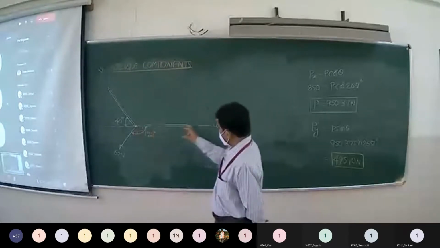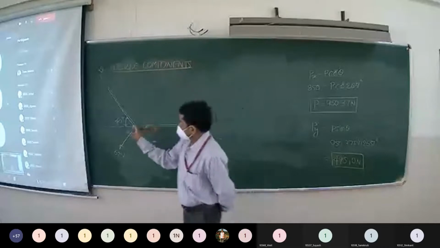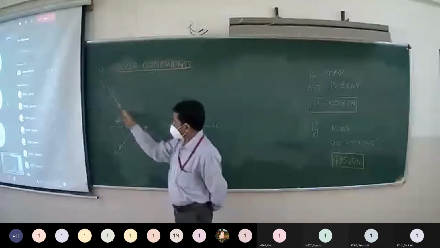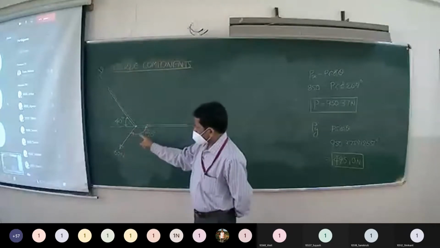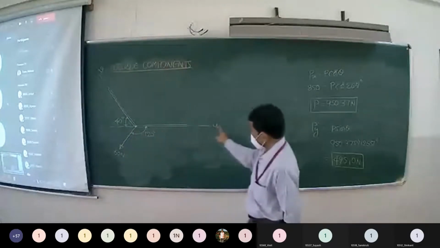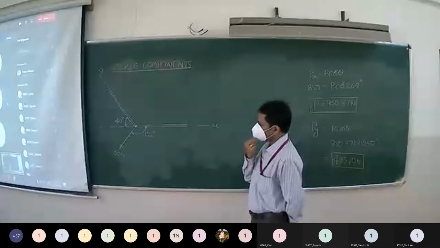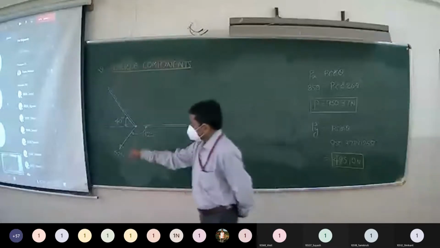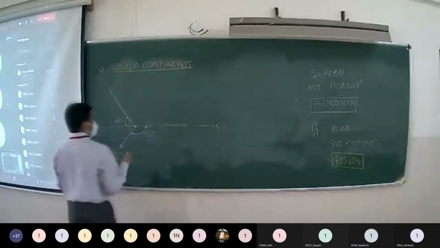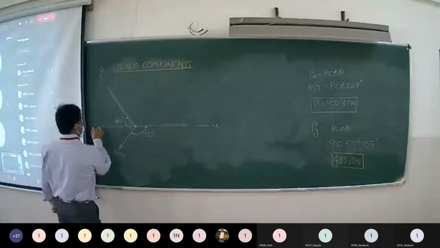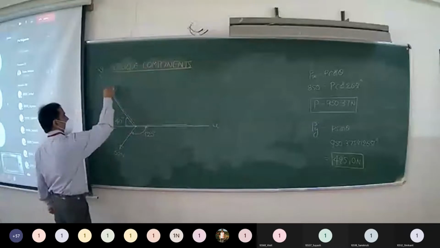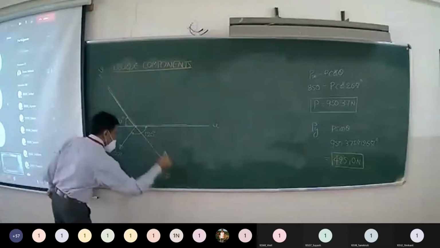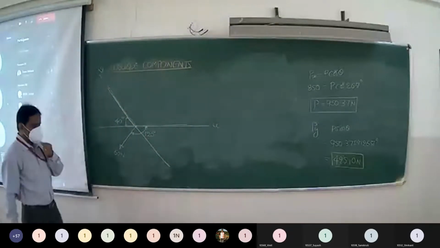So here, horizontal axis is U and the axis along this rod is V. 60 Newton is making an angle 120 degrees with respect to positive U axis. Now you have to resolve the 60 Newton force into two components. One along the axis U and second one along the axis V.